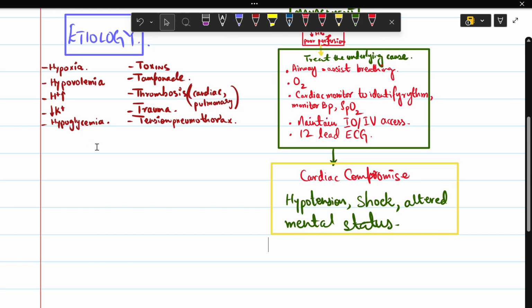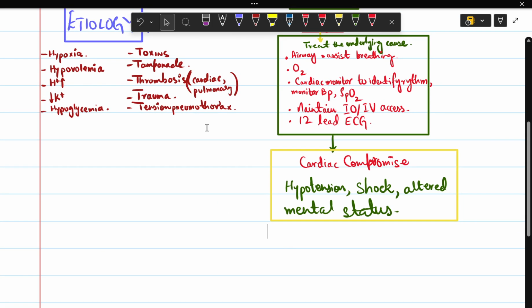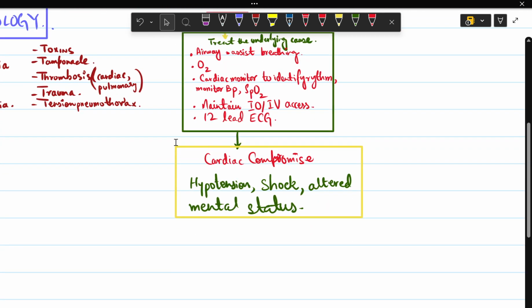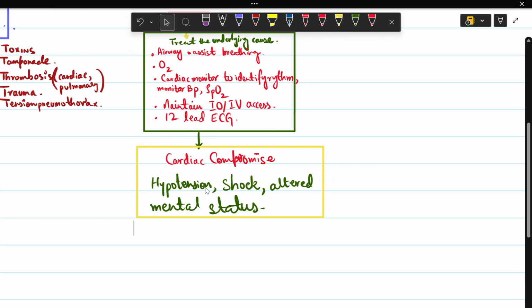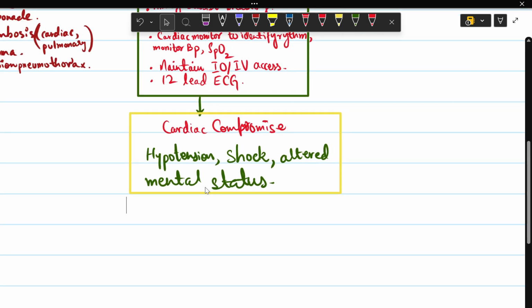Hypoglycemia, you need to monitor the blood glucose and provide necessary resuscitation by administering glucose infusions. Okay, and tension pneumothorax, for that you need to perform a chest x-ray, and for the rest of them, specific treatment needs to be done. Now, coming to this cardiac compromise, if the cardiac compromise continues, what will you do?